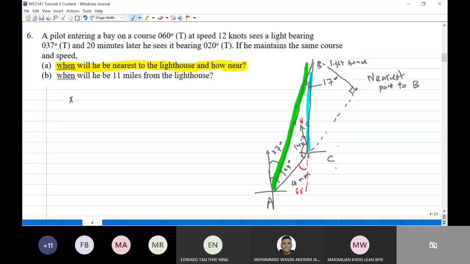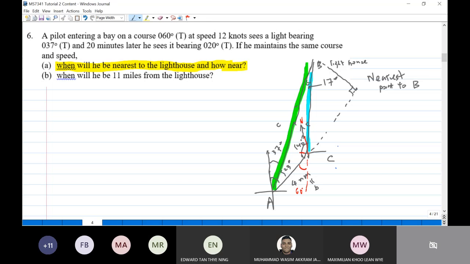So AB, based on the diagram, is actually C, right? So AB is C here. And then AC is actually B, 4 nautical miles.